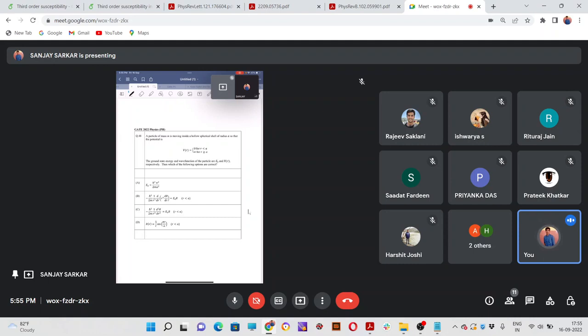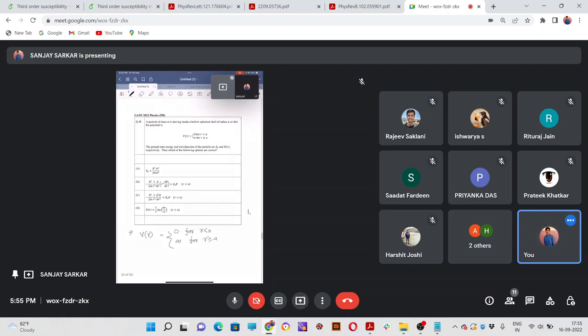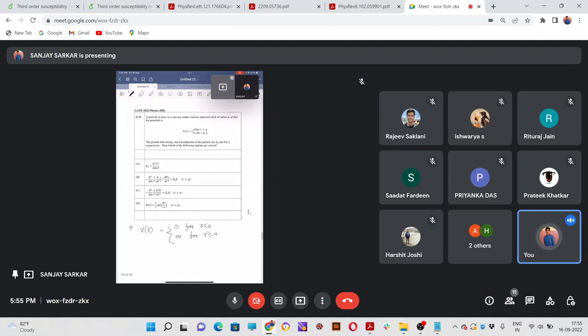Which of the following options are correct? So this is basically an infinite potential well, but a 3D spherical one.